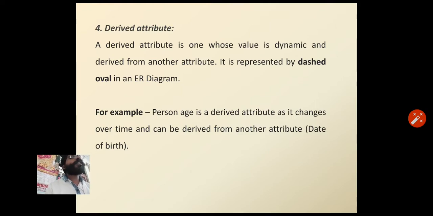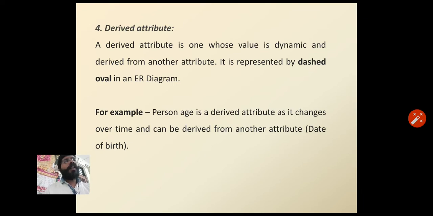For example, a student's total marks. Total marks is a derived attribute because it is derived from marks of maths, physics, chemistry, computer science, foundation, that is the summation of marks of all subjects. So, total marks is a derived attribute. Percentage is also a derived attribute, derived from the total marks.